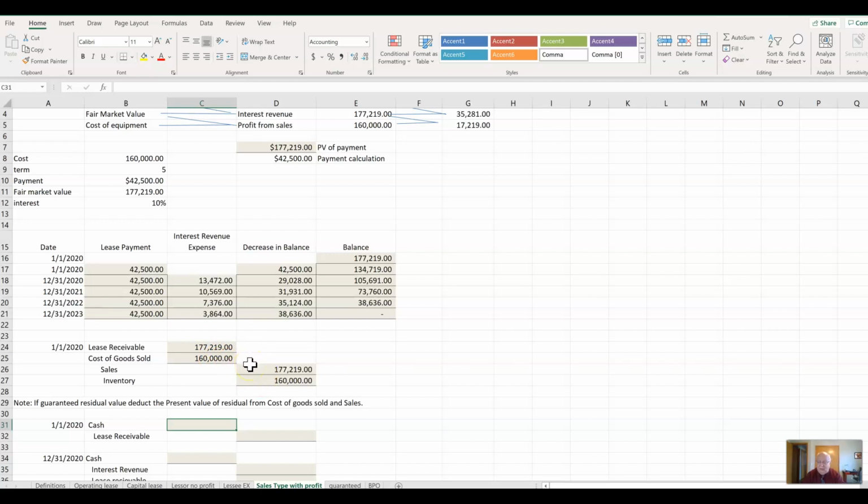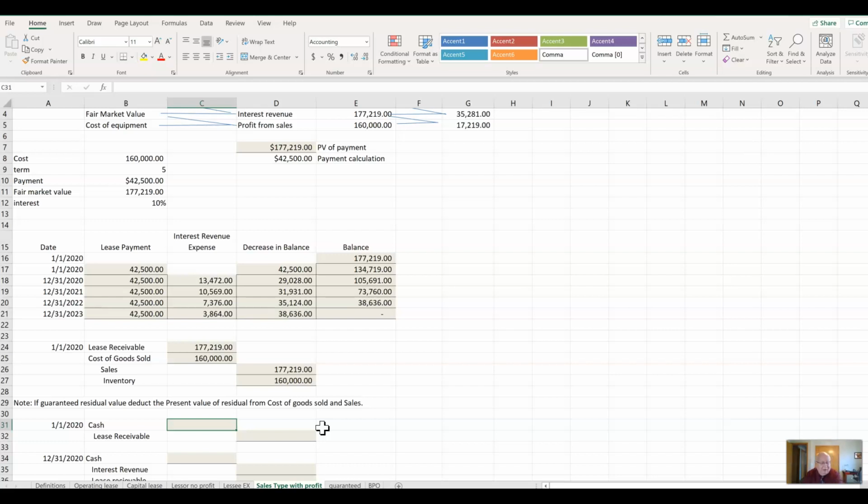So the present value of the guaranteed residual would be subtracted from cost of goods sold, and then the present value of the guaranteed residual would be subtracted from sales, and that's how you take care of that one. Okay, and it doesn't affect the lessee at all because they don't care unless the guaranteed residual is greater than the expected residual value, which is very rare. So usually it doesn't affect the lessee, it only affects the lessor.